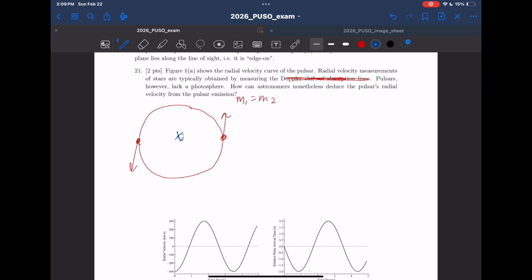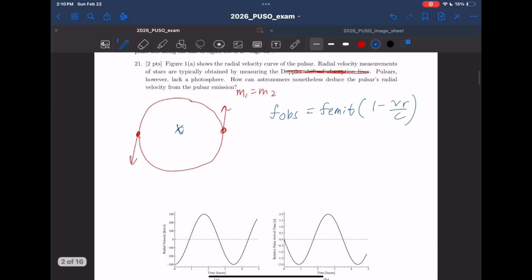The way you go about doing that is kind of a cool principle: for any wave phenomenon, the observed frequency is modulated by this equation here. This is the low velocity, non-relativistic case. This is just Doppler shifting for waves, wave fronts, wave crests.